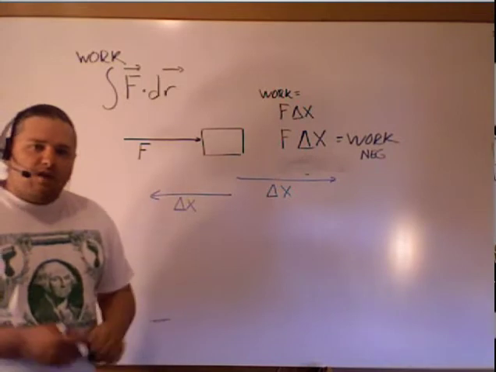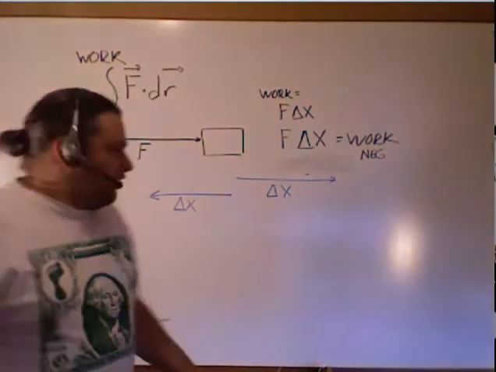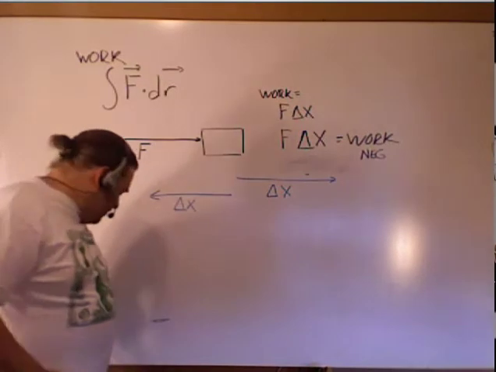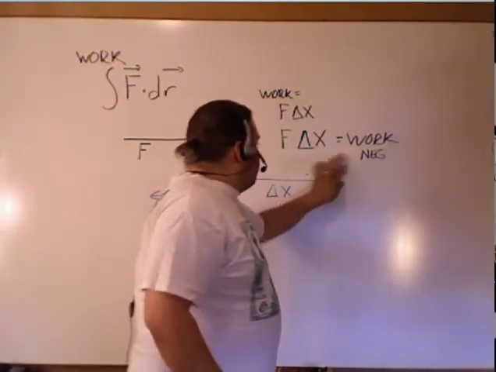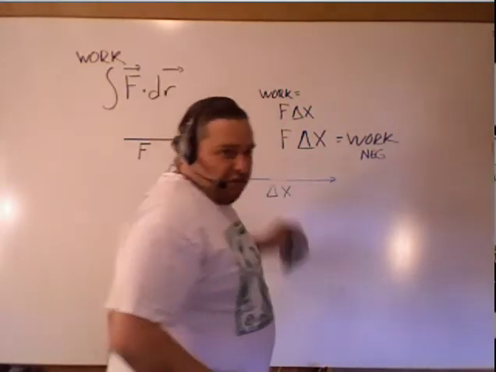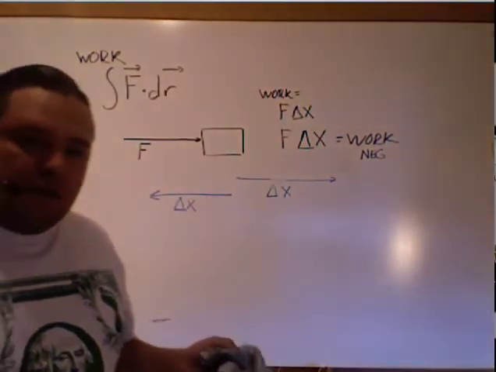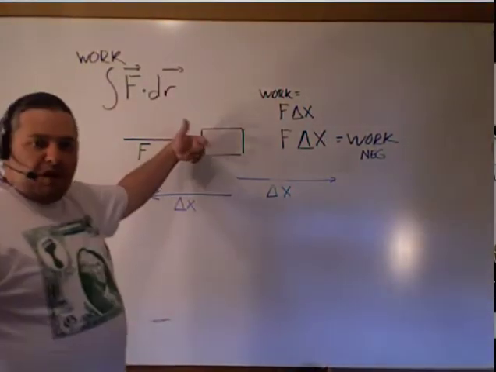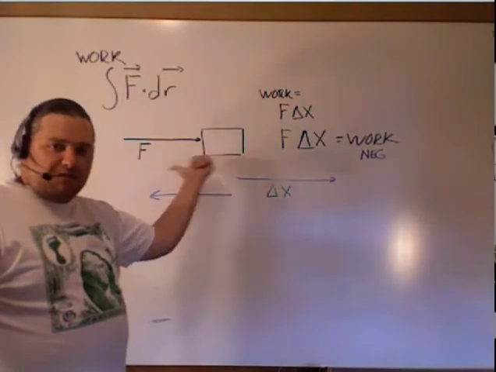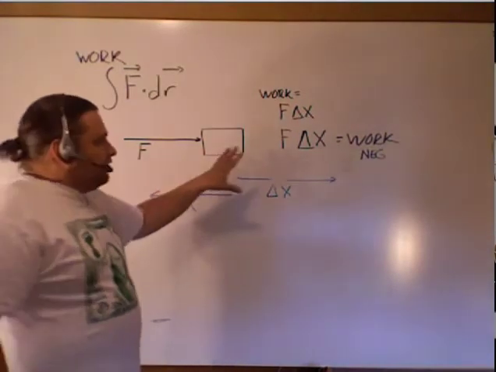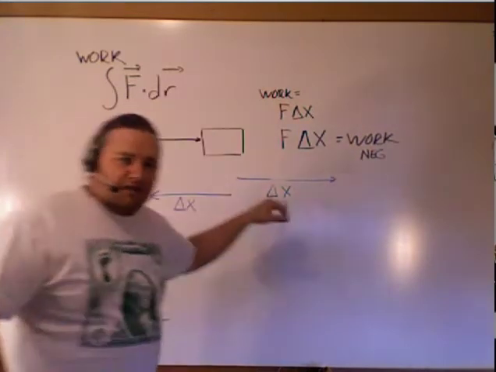I'm doing negative work. Now what would that mean though? If I apply a force in this direction and the object is still traveling in this direction, would I be attempting to speed the car up? Would I be attempting to slow the car down? If I applied a force this way and the car continues to move this way, I'm slowing the car down. So that's where this idea of negative work is coming from.